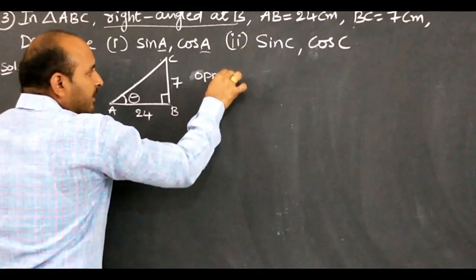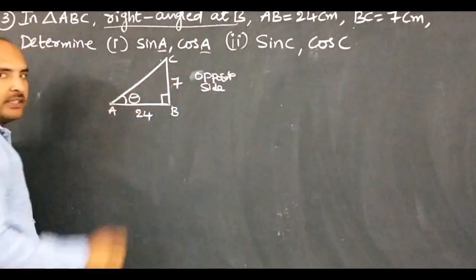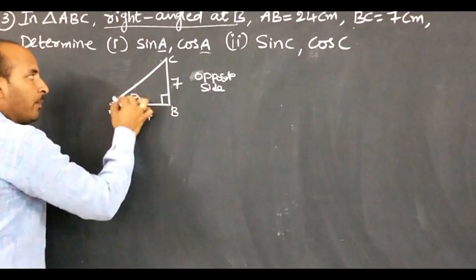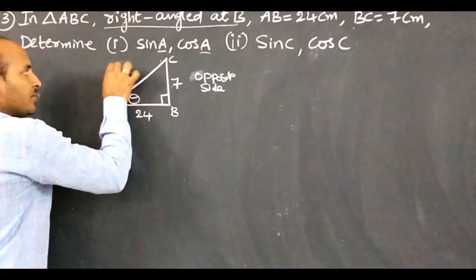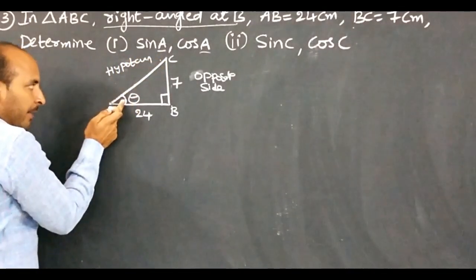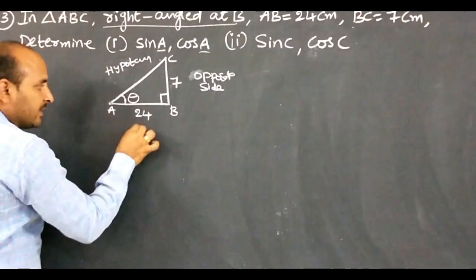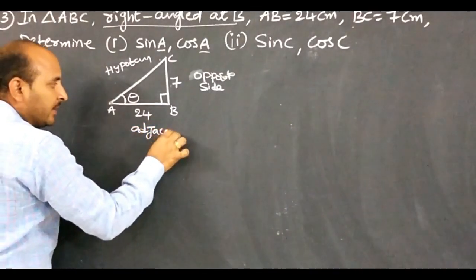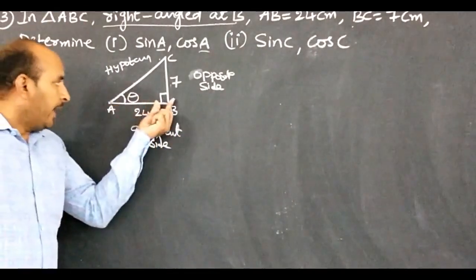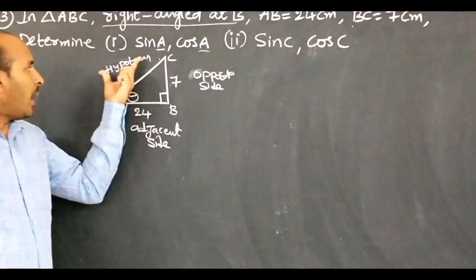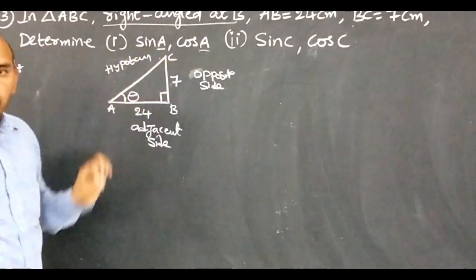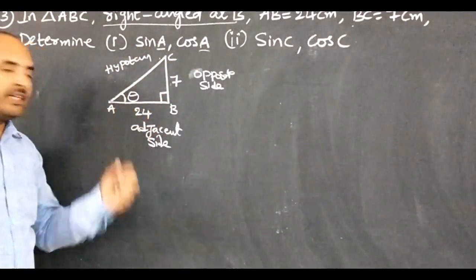The side exactly opposite to 90 degrees is the hypotenuse. And the side adjacent to the angle is the adjacent side. Once again, the angle is at A. BC is the opposite side, and AB is the adjacent side.